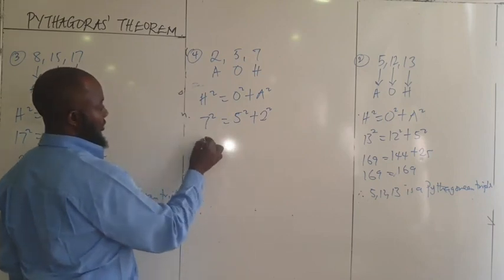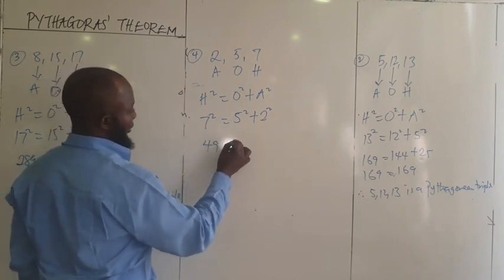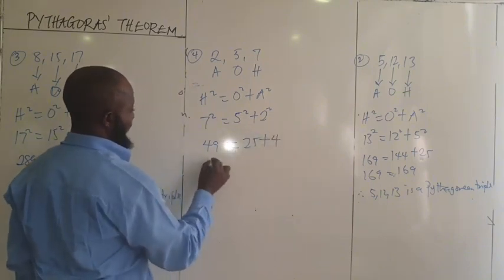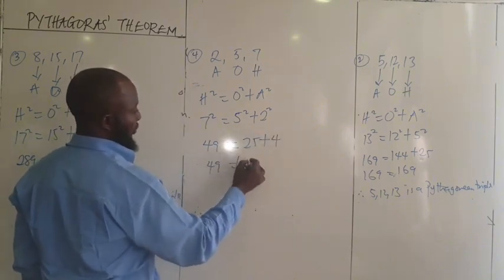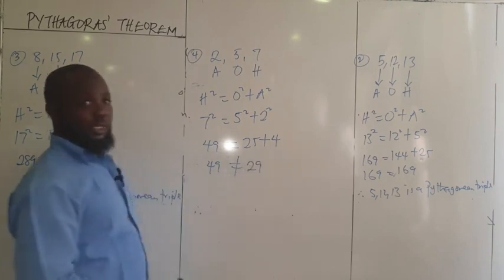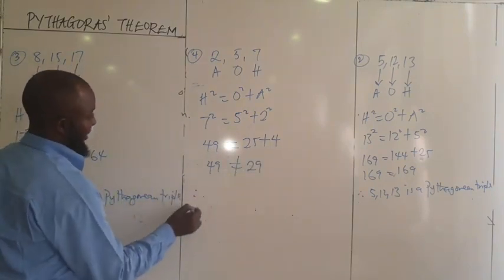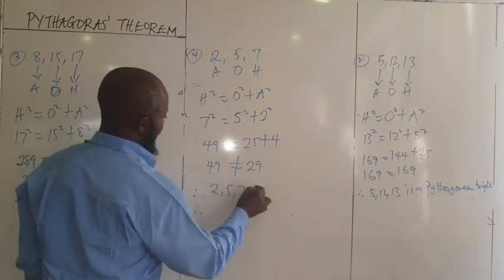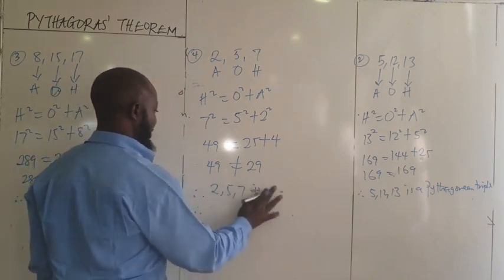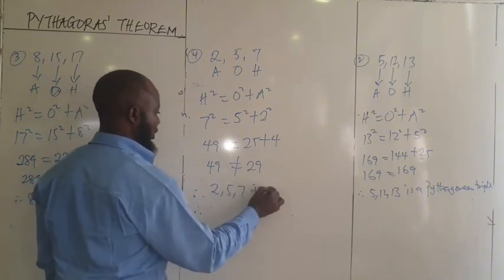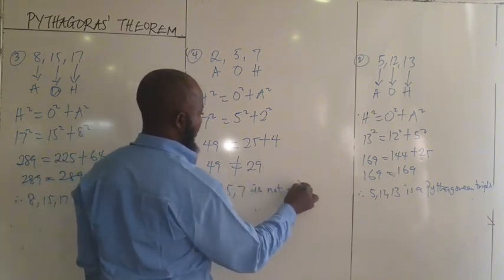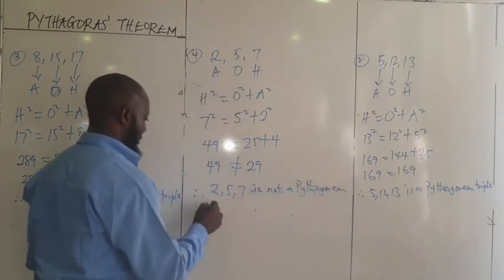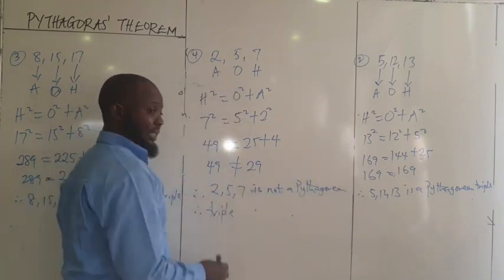This will give us 49, and is it going to be equal to 25 plus 4? So 49 is not equal to 29, as you can see. Therefore, we can say that 2, 5, 7 is not a Pythagorean triple.